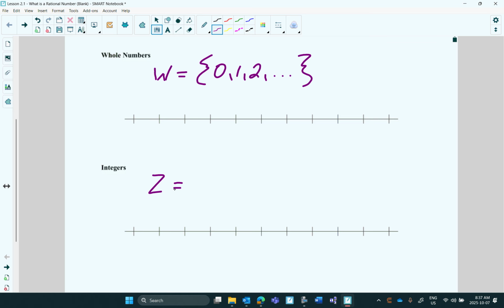Well, we start at 0, and then we go up by 1s forever. But then we also start at 0 and go down by 1s forever. So that's how we show integers mathematically. Basically, positive and negative whole numbers is what you can say.